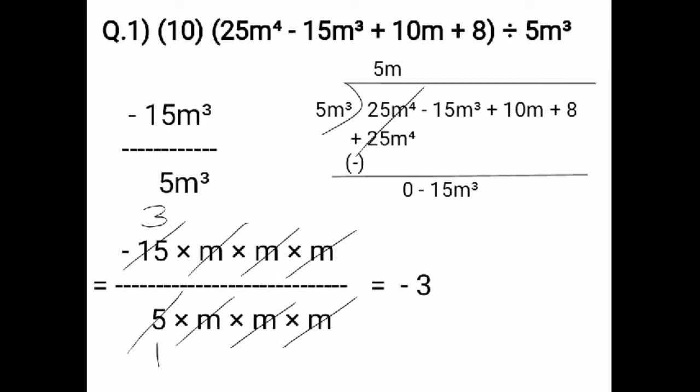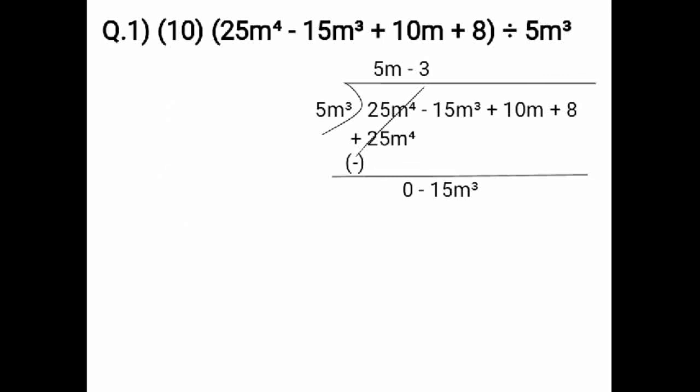After getting the quotient minus 3, write it here. 5m cube into minus 3 is minus 15m cube. Minus sign is there, you have to take opposite sign plus. 15m cube minus 15m cube is 0. Plus into minus is minus.